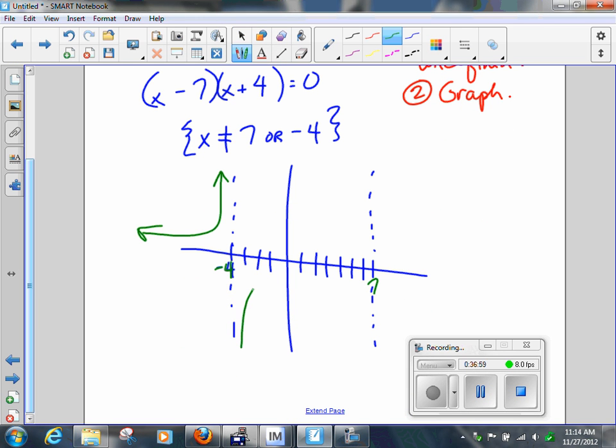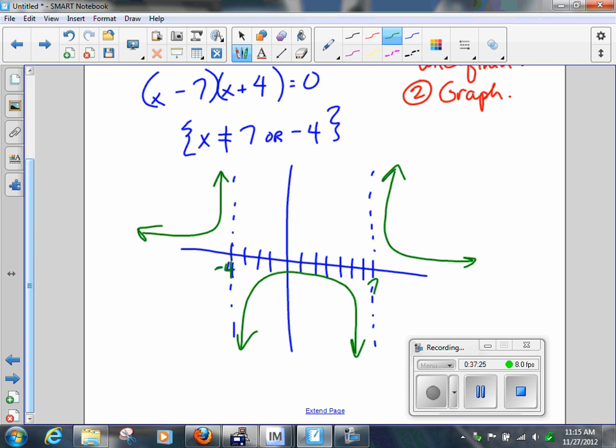Here. Here. Here. Yes? Now, what could you tell me about this graph? We could talk about domain and range, couldn't we? Anything else I can talk about on this particular graph? Somebody said it.